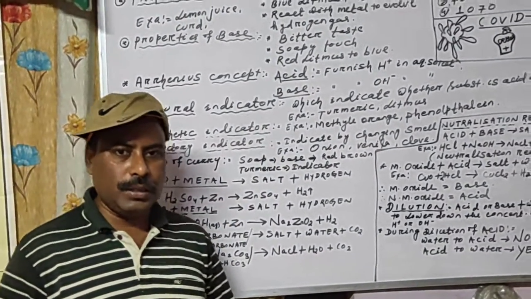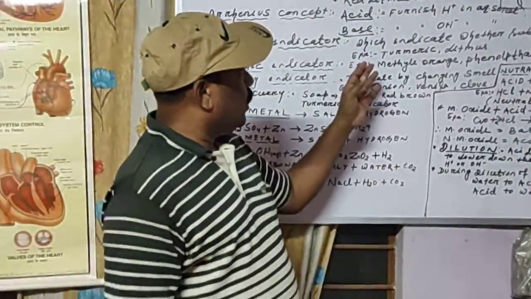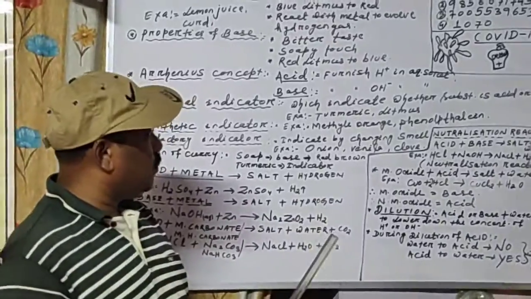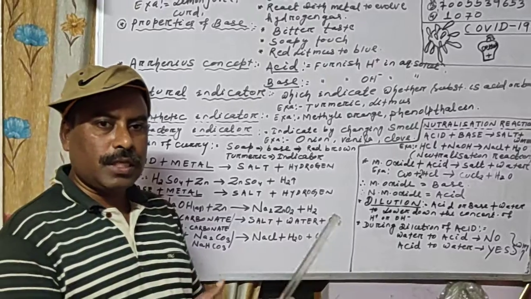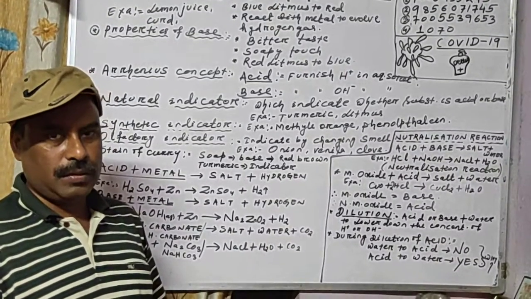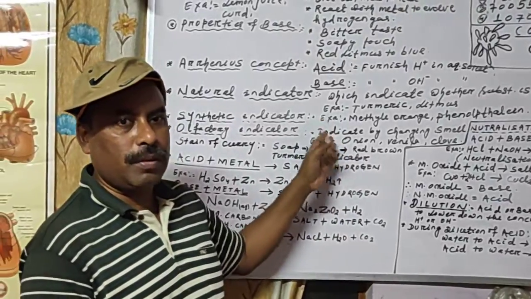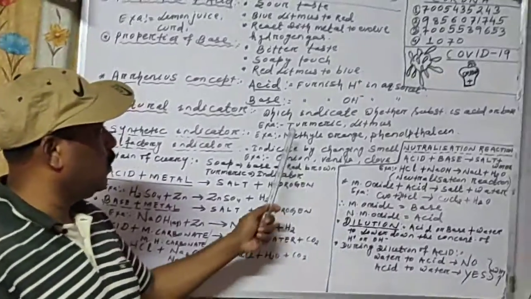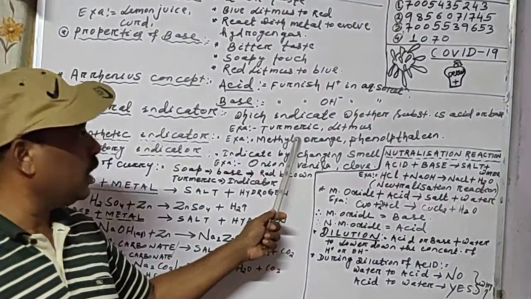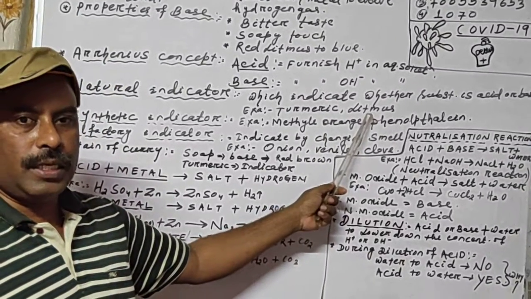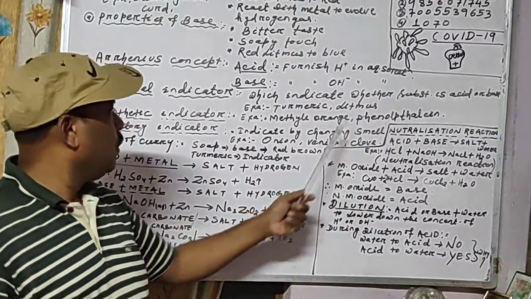A natural indicator is an indicator which classifies whether the substance is acid or base, but that should be available in nature. For example, turmeric is a natural indicator. Litmus is a natural indicator.